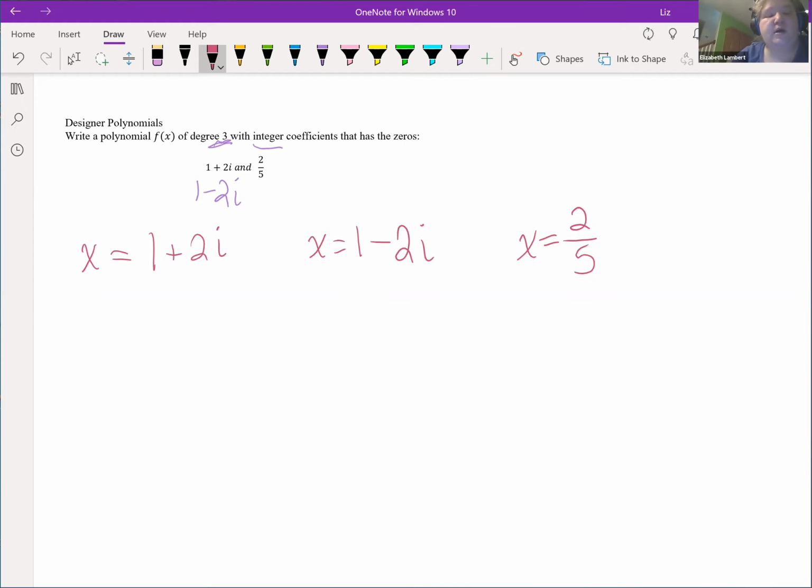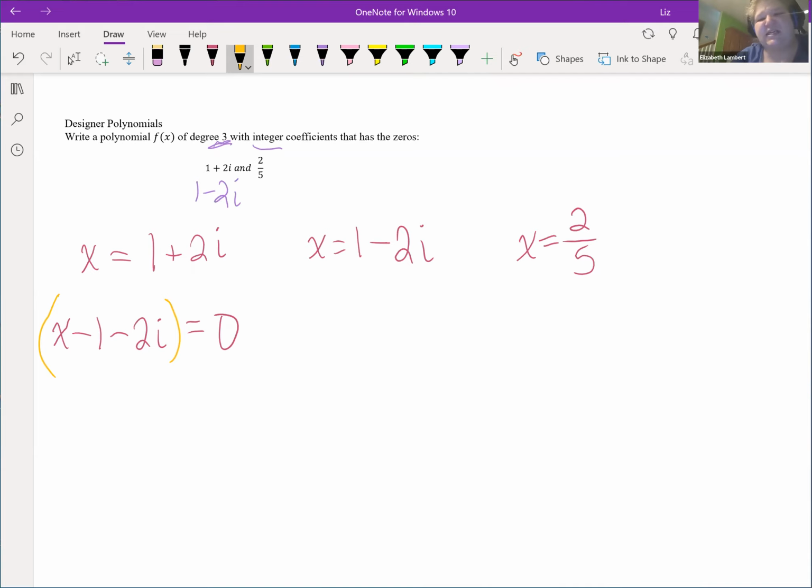So over here, I'm going to minus the 1 and minus the 2i. So I end up with x minus 1 minus 2i is equal to 0. I'm going to sketch in the parentheses there. So that is a linear factor, one way to write a linear factor of our desired designer polynomial. Now I could also multiply that whole thing by 3 or -4.